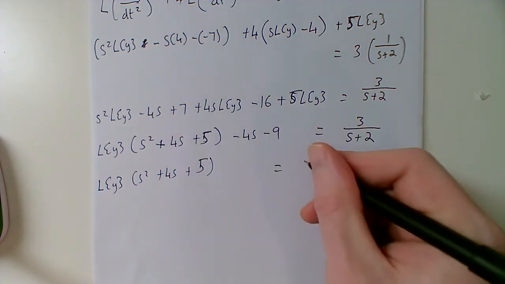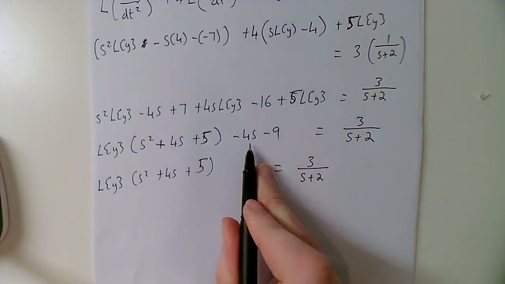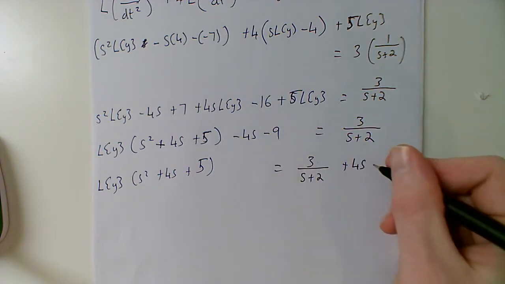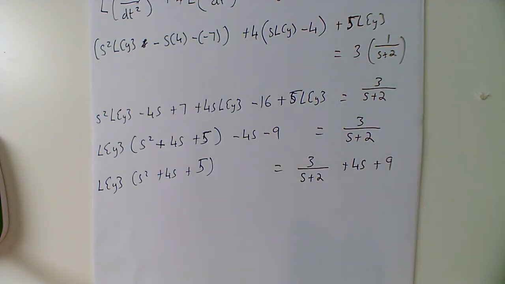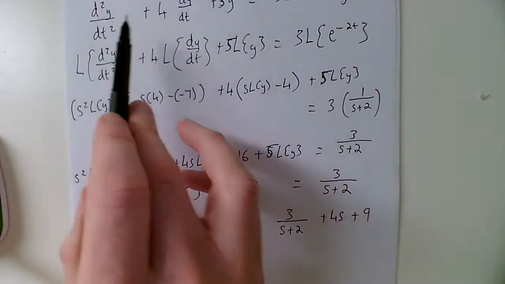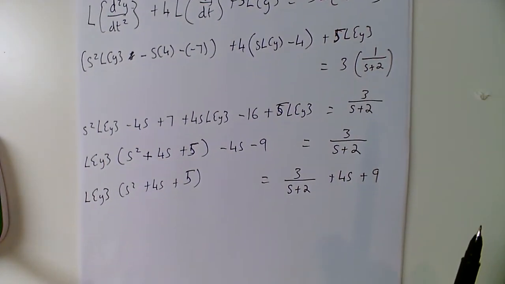We take that across. So that's negative 4s, it becomes plus 4s. That's taken away 9, so it becomes plus 9. Okay, and remember, check and see if that bracket's exactly the same or looks the same as their question. Because if it does, you've probably done it right.